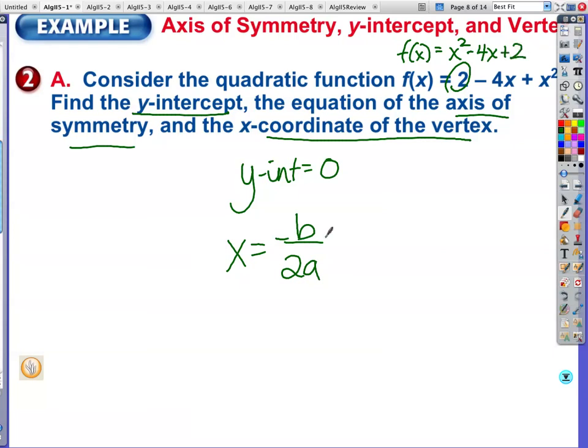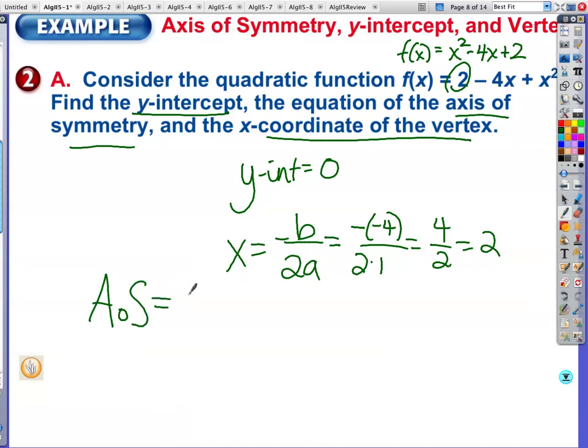Okay, so the b value is actually -4. So I have -4. My 2 stays there. The a value is 1. This is 4 over 2, which is 2. So my axis of symmetry, AOS, is, and I should probably write it like this, x equals 2. What's the x-coordinate of the vertex? Same thing, 2.